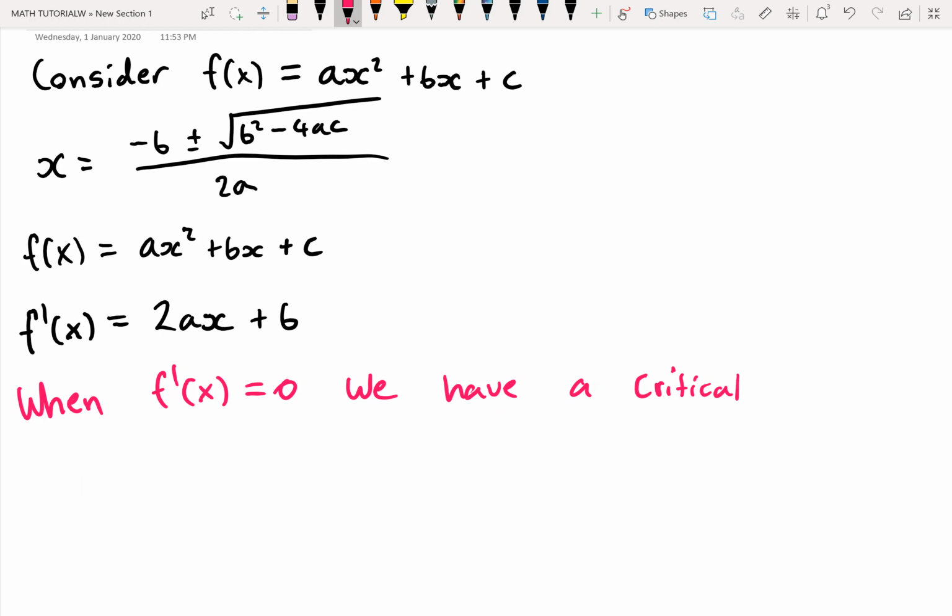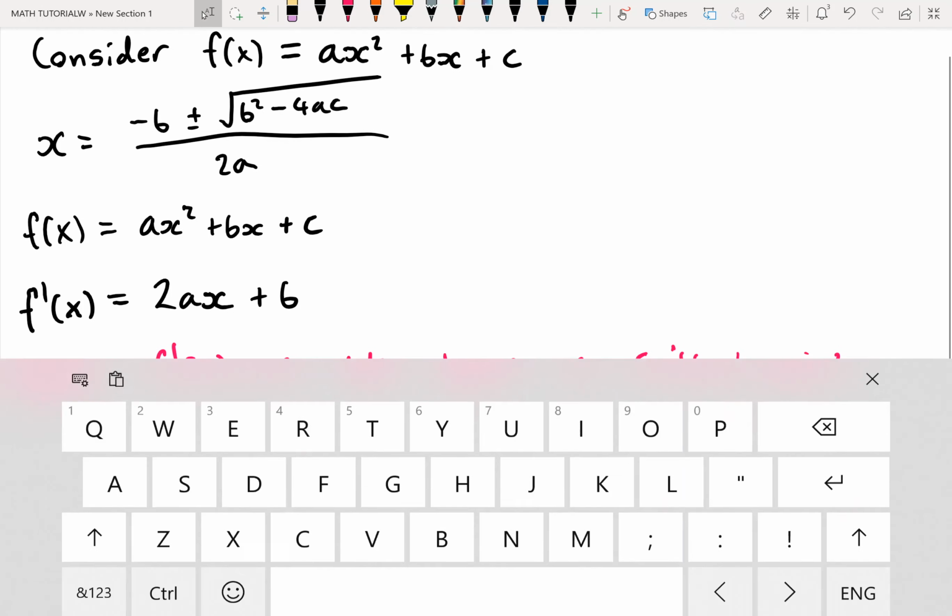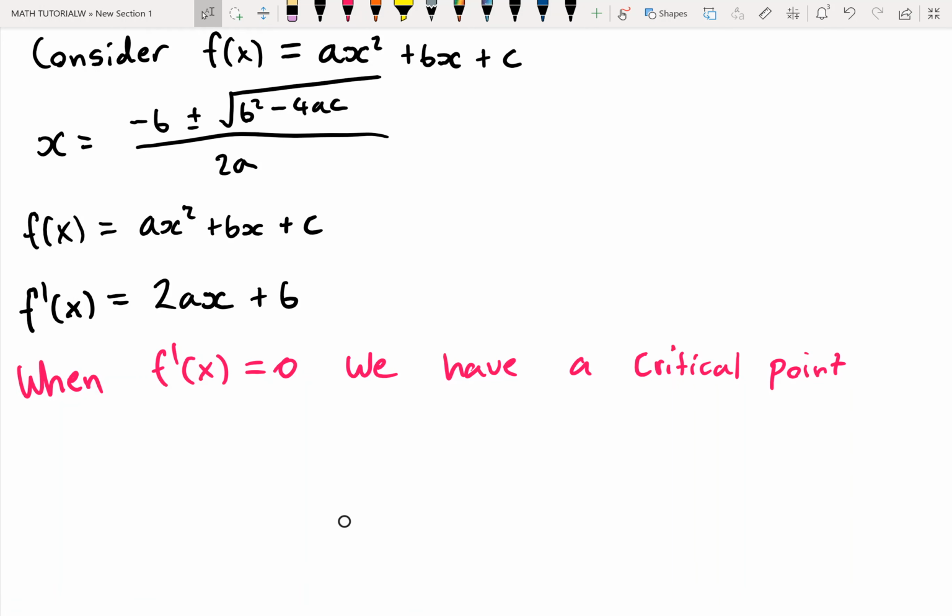Later on we'll determine the nature of this, and I'll show you guys how to determine it, and you'll see some very interesting things occur there. So let's go ahead and apply this. So f prime of x is equal to 0, so we need 2ax plus b to equal 0.